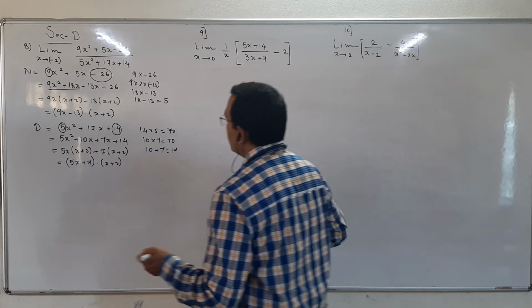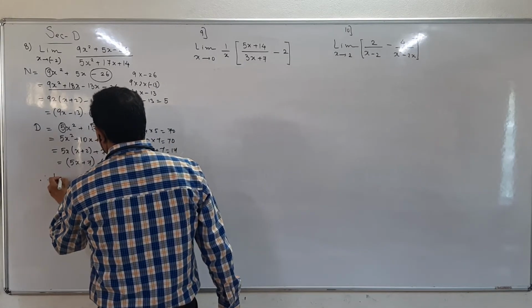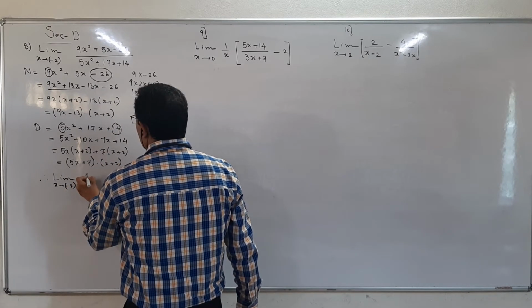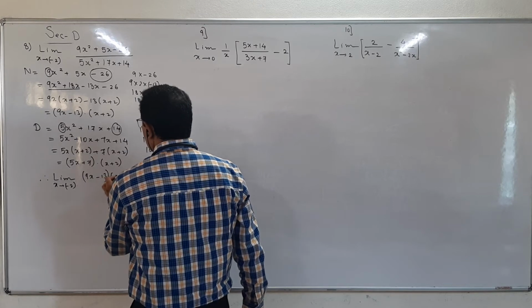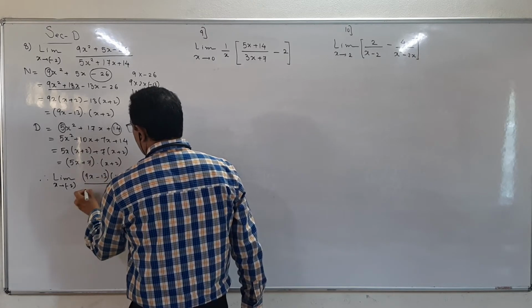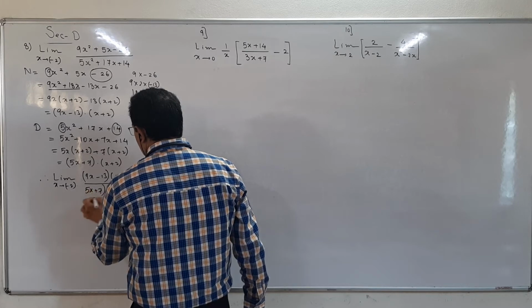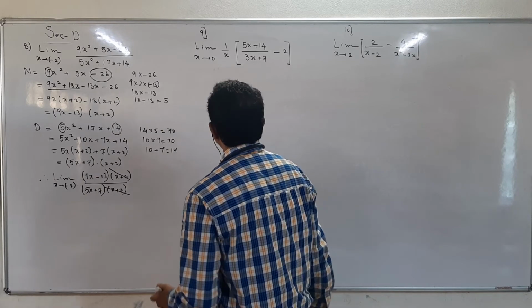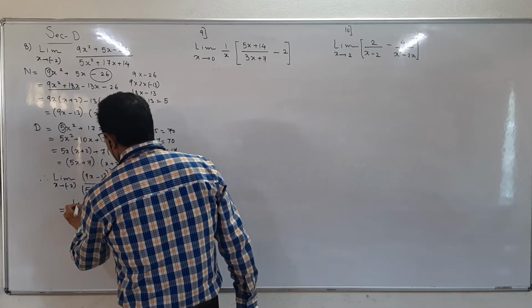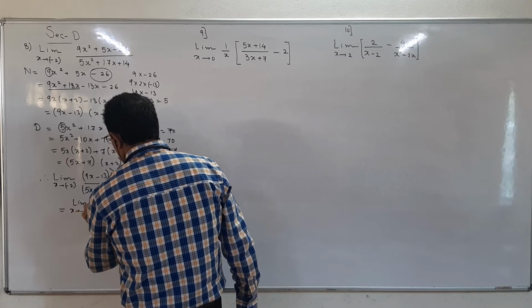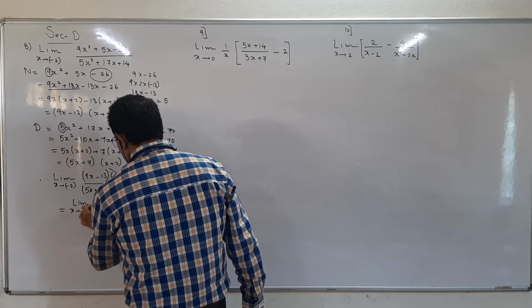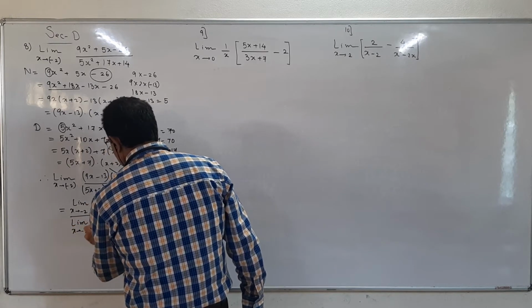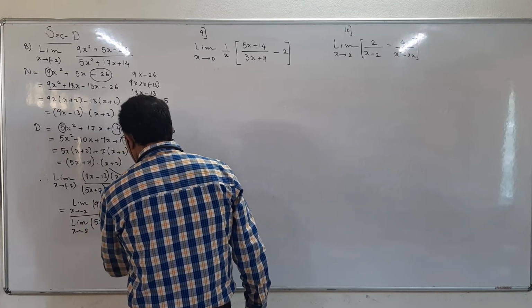Now the limit will be limit x tends to -2, (9x - 13)(x + 2) divided by (5x + 7)(x + 2). This gets cancelled. So this is nothing but limit of f, which is 9x - 13, divided by limit of g, which is 5x + 7.